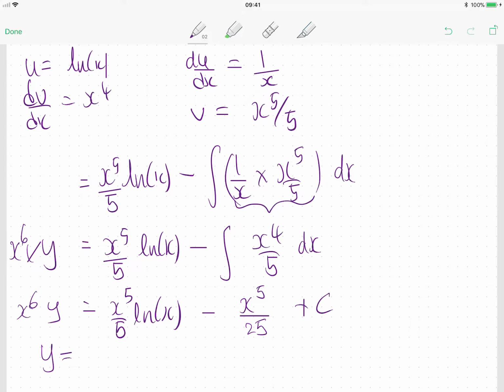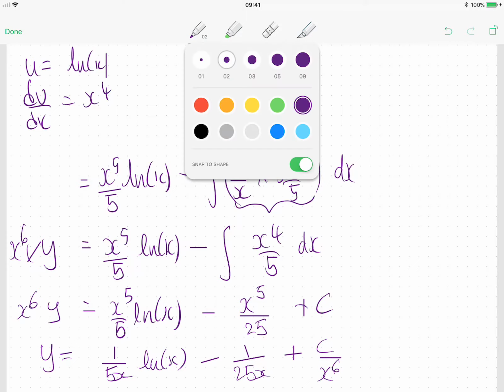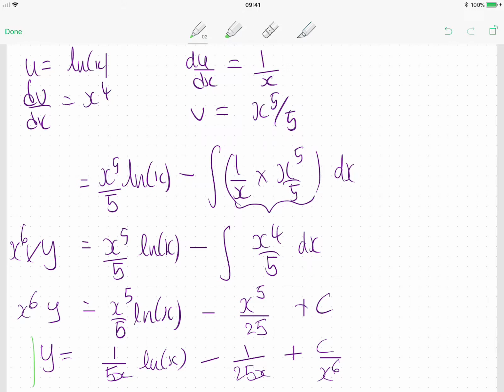And we get 1 over 5x log x, take away 1 over 25x, plus c over x to the power 6. And this is our final answer.